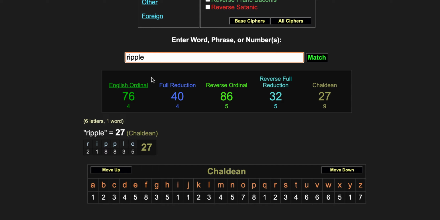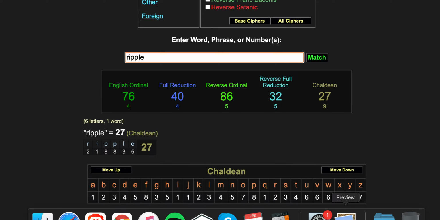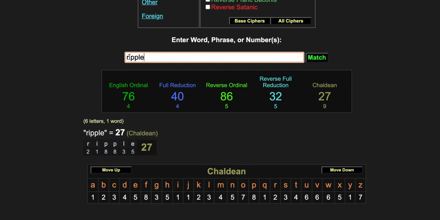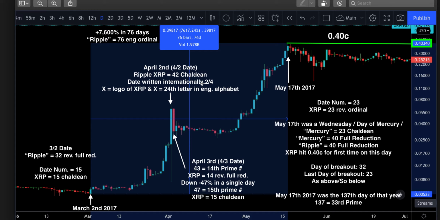And again, this comes back to Ripple, 76. And the price stopped at 40 cents. Exactly. And 40 cents ties with Ripple and 40. This is absolutely incredible. So this code is amazing how it's working through.